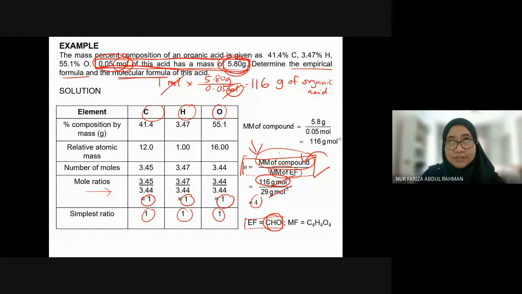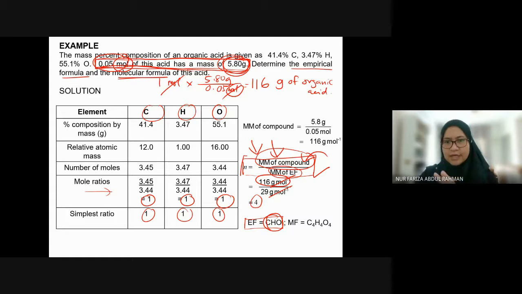What I'm trying to say is that not all calculation will involve dimensional analysis, such as this N. For N we need to use this formula: molar mass of compound over molar mass of empirical formula. Tak silap saya lah, so far kita memang tak guna untuk ni. Straightforward insert into the formula.